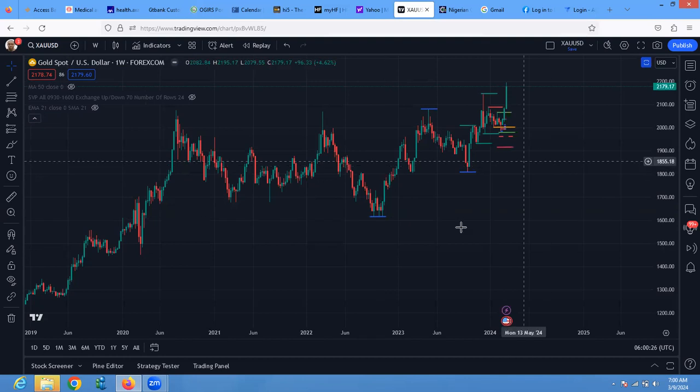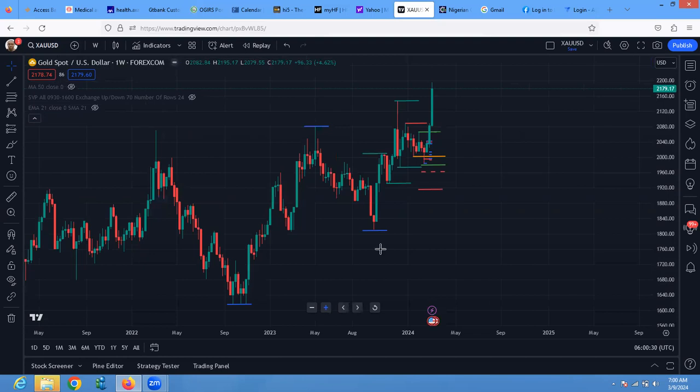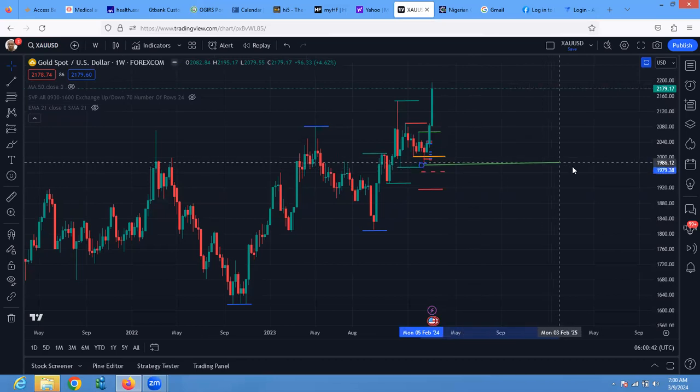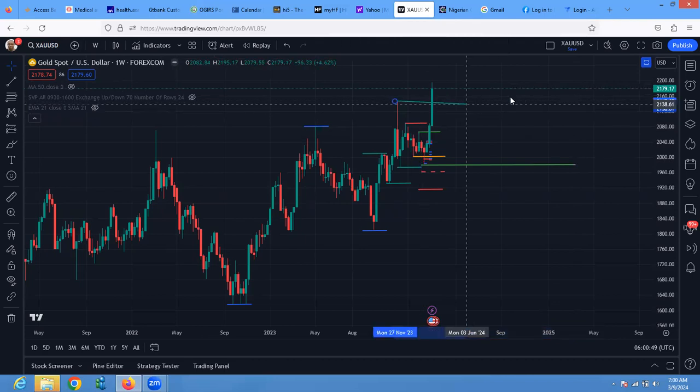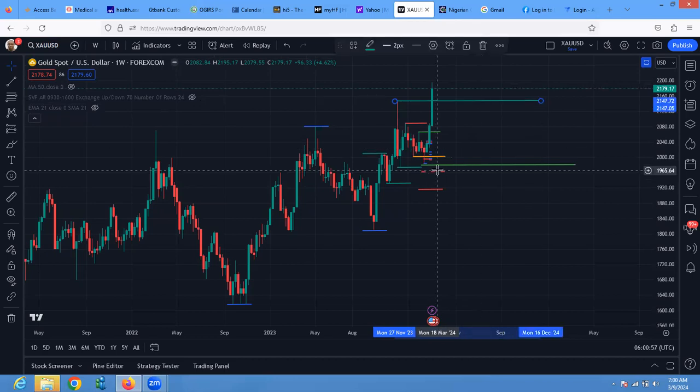So now with this, the new push to the upside starts from here. The new push starts from there. We are looking at that move against this move. Against that move.